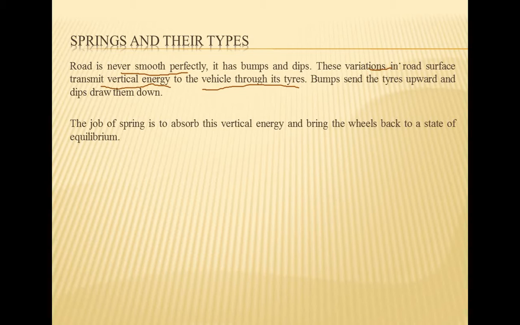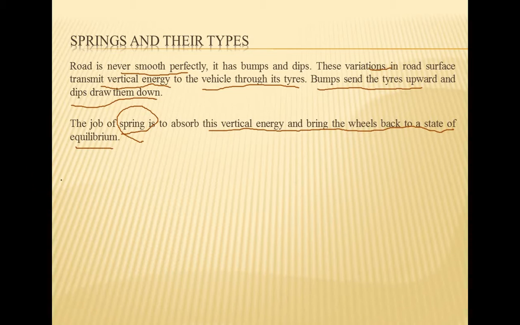It directly absorbs it from the bumps. So bumps send the tires upward, and the dips or potholes draw them down. The role of the spring is to absorb this vertical energy and bring the wheels back to a state of equilibrium.